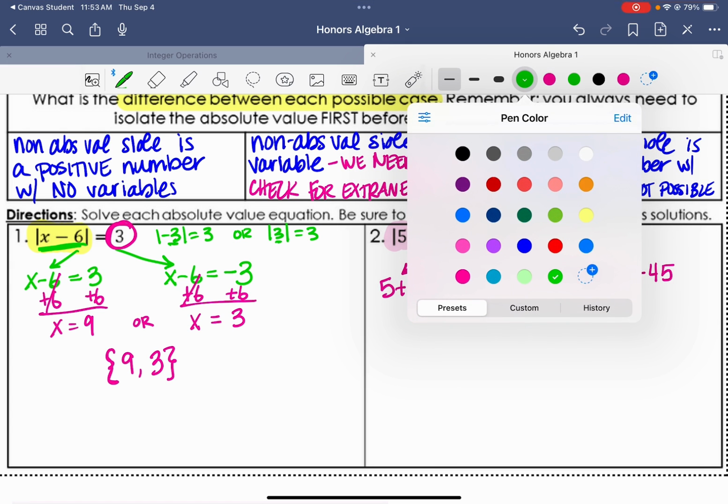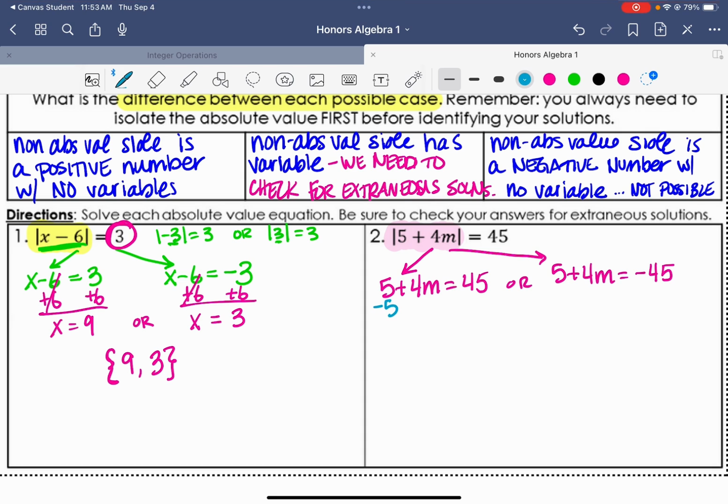All right, let's see what you got. I'm going to subtract 5 from both sides. I get 4m equals 40, so m has to be 10. Then I'll do the same thing over here. We'll subtract 5 from both sides. Now 4m is equal to negative 50.